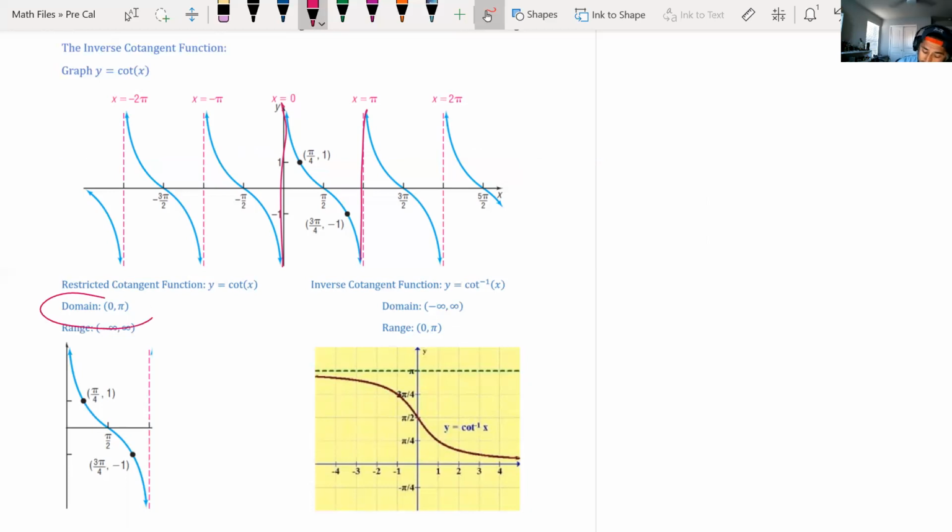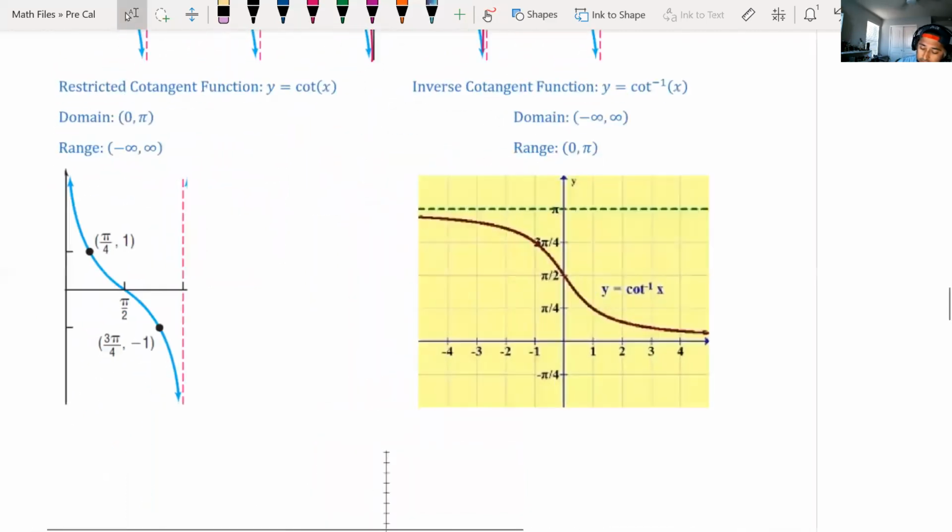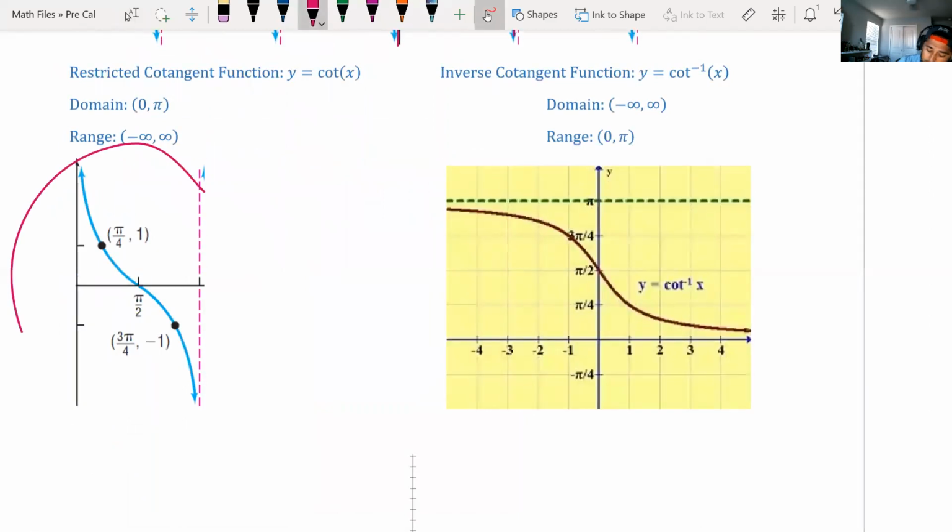The domain is from 0 to pi, not included, because at 0 and at pi you have vertical asymptotes. The range is from negative infinity to infinity. Here's the graph of the domain restricted cotangent. If I draw a horizontal line through it, I only intersect it once.